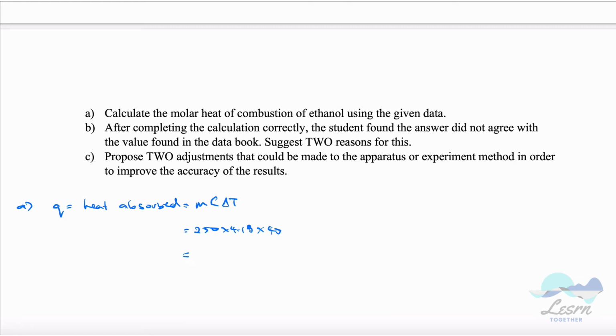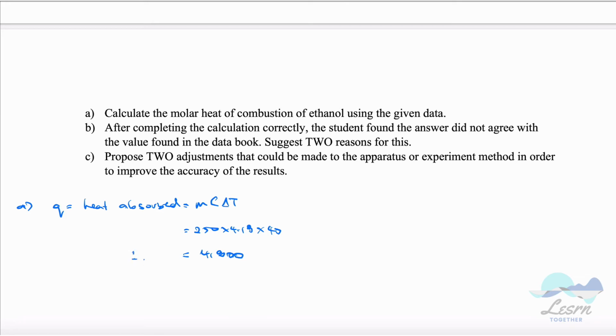And just make sure when you do these calculations, always have the things in the same units. So if you're going to use grams here, that's going to be 4.18, and that's going to be degrees Kelvin, yeah? And if you plug that into the calculator, what are you going to get? Well, it's going to be 418000, okay? So that's 418000.